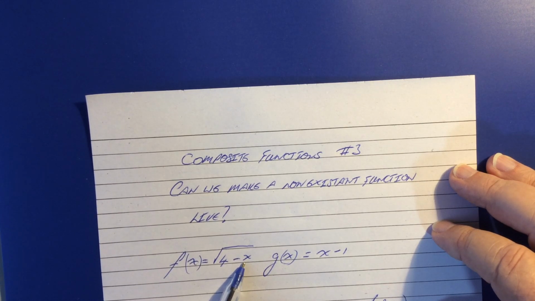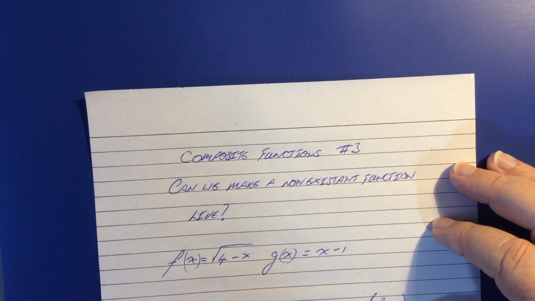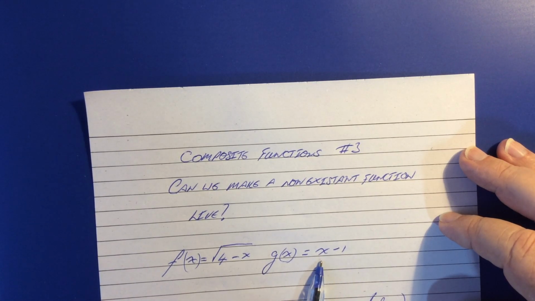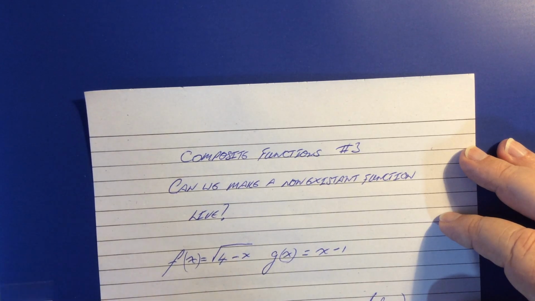Why? Because if we put 5 into this, we're looking for the square root of a negative number, and there isn't a real solution to that. So that's the domain. The domain in this is restricted, and therefore the range. But the important thing is the domain.